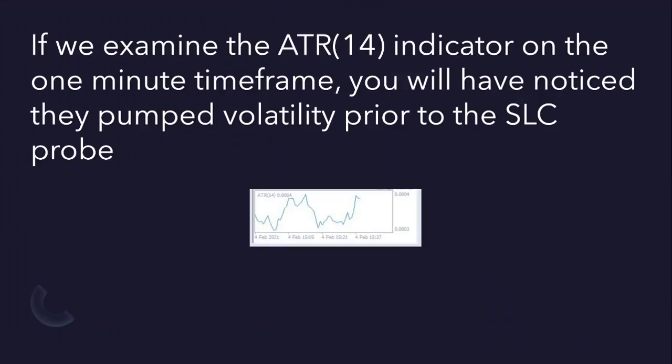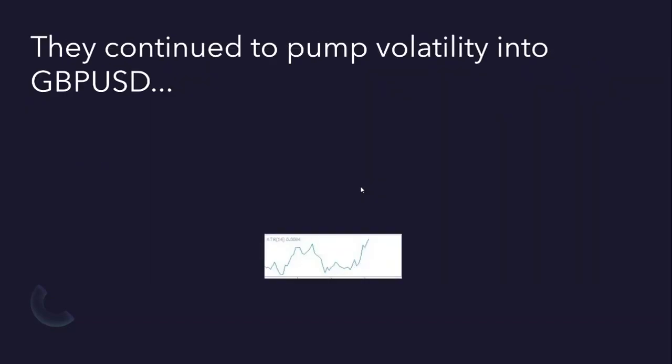If we examine the ATR 14 indicator on the 1 minute time frame, you would have noticed they pumped volatility prior to the SLC probe. So this is that pump, and they wanted that stop loss cluster above, because it was positive news and it took people by surprise. They continued to pump volatility into GBPUSD.